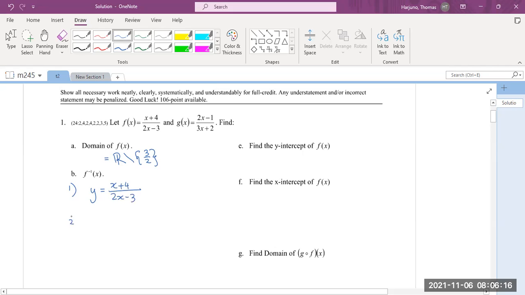Step 2, you swap the x and the y. X becomes y, y becomes x. Step 3, you will solve for y. So I will multiply by the LCD here.